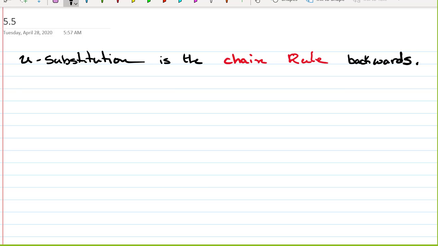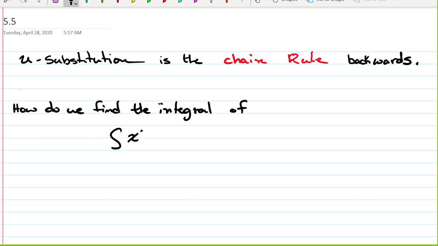How do we find the integral of x squared cosine x cubed dx?